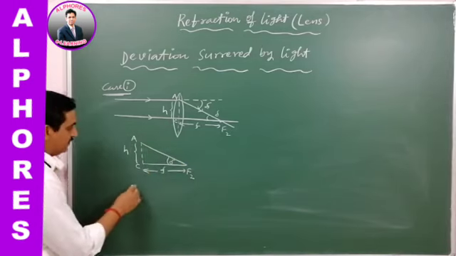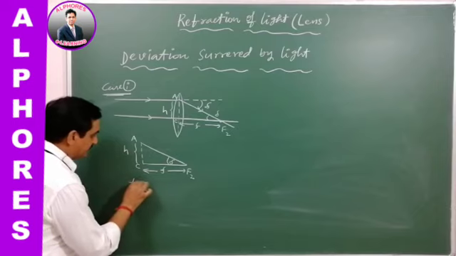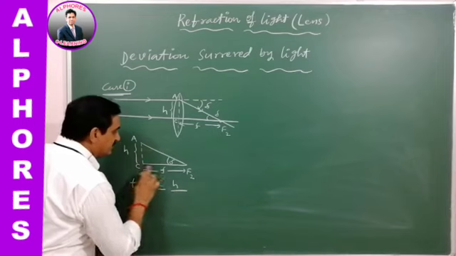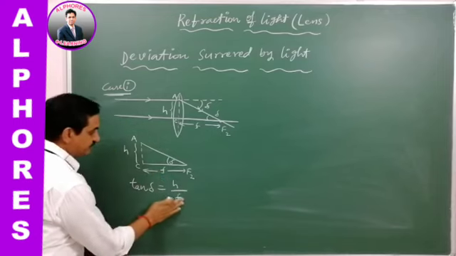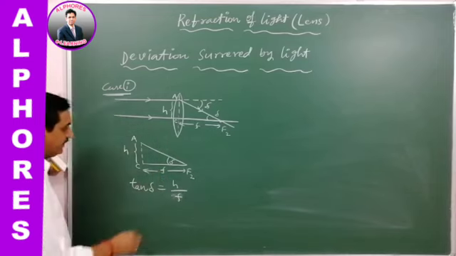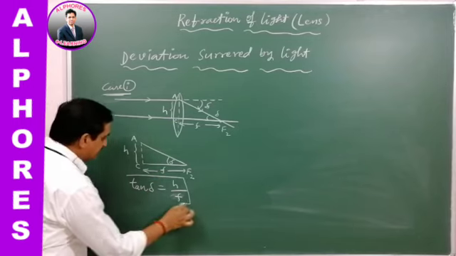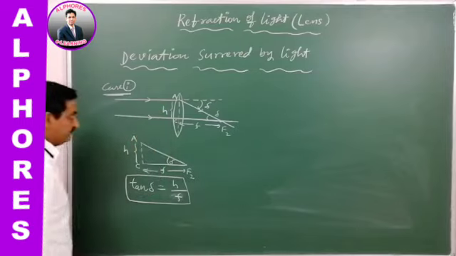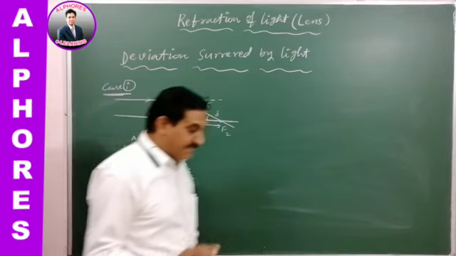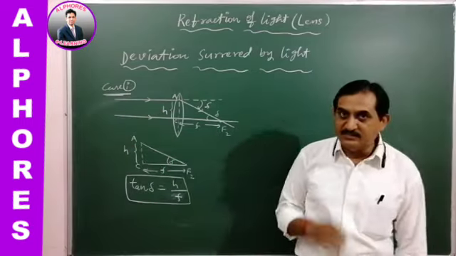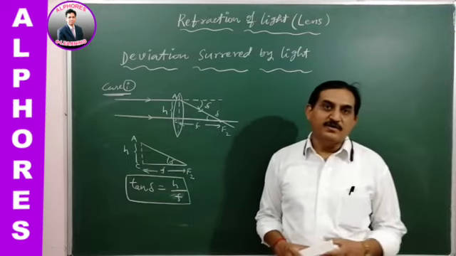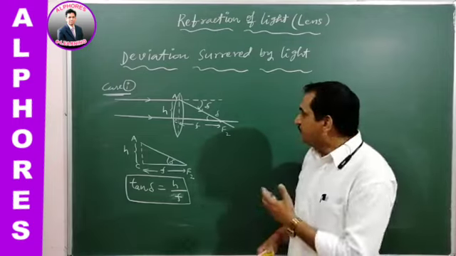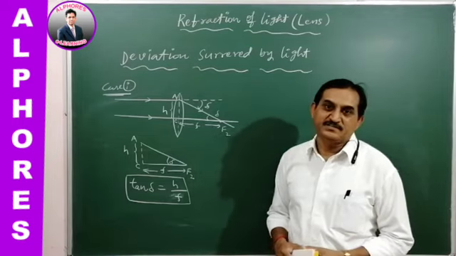From this triangle, tan delta is equal to opposite side h by adjacent side f. Now, we consider paraxial rays which are incident on the lens, and after refraction they come to focus, giving the final image on this principal focus point.